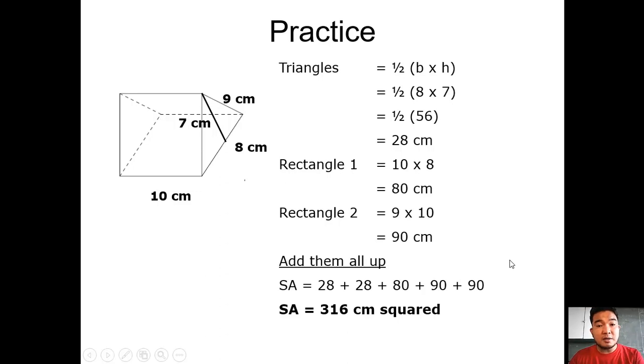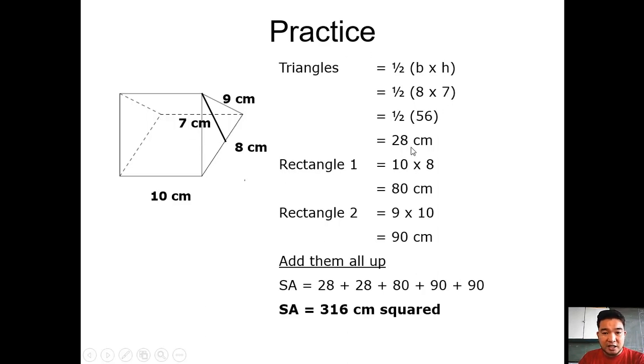Okay, so this time let us have a practice. Another example. So first, we solve for the area of the two triangles, the bases, and our area is 28 square centimeters using our given. Our base is 8 and our height is 7 centimeters. So we substitute.